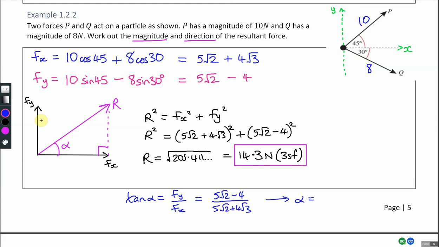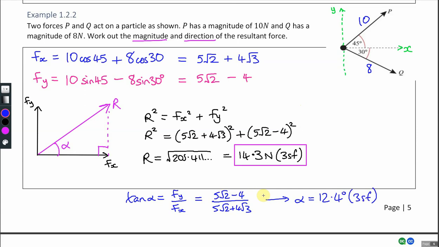It doesn't matter. Just always check the question, make sure you give what it asks for. And in this case, it didn't specify, so either will do. And by doing inverse tan of this fraction here, I get 12.4 degrees to 3 significant figures.